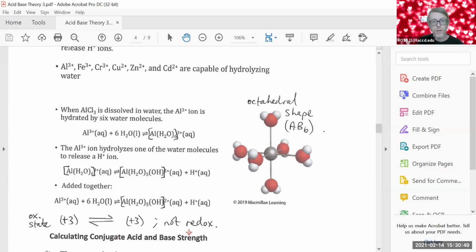So we haven't done any redox here. This is just Lewis acid-base chemistry. This adds a bit more detail to just accepting a pair of electrons. You can see that we do actually produce protons, which would generate hydronium ions, which would lower the pH, etc.